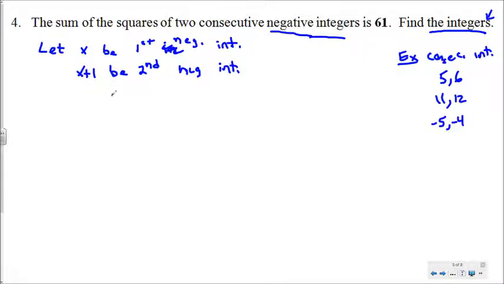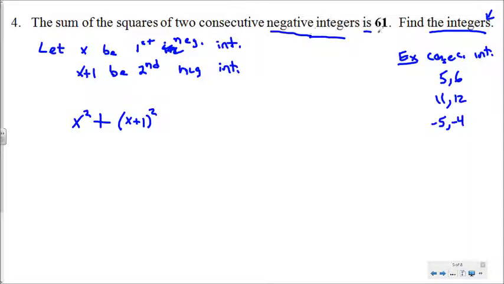So now that I have my let statement and I know what my two integers are represented as, I have to interpret the question. So it says the sum, meaning I'm going to be adding something, of the squares of the two consecutive negative integers. So I'm adding up the squares of these two values. That would be the first integer squared plus the second integer, which is x plus 1, all squared.